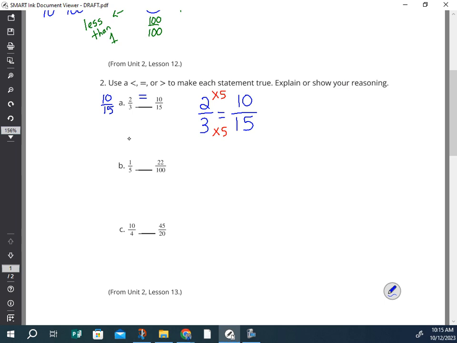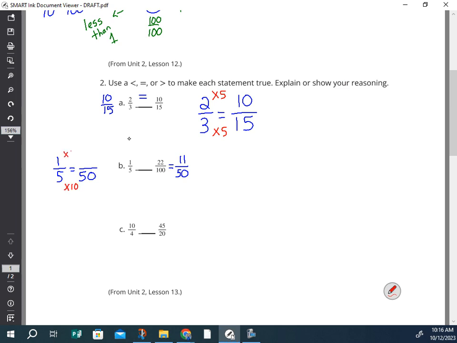The next one, 1/5 and 22/100ths. Wow. I'm going to do something a little different. I do know 22/100ths is the same as 11/50ths. And I know 1/5, if I were to make that into 50ths, I could times it by 10.